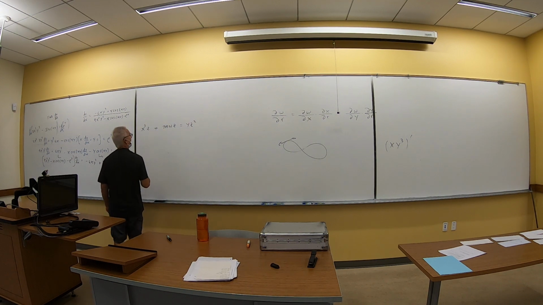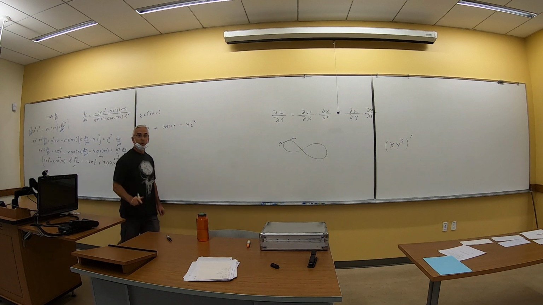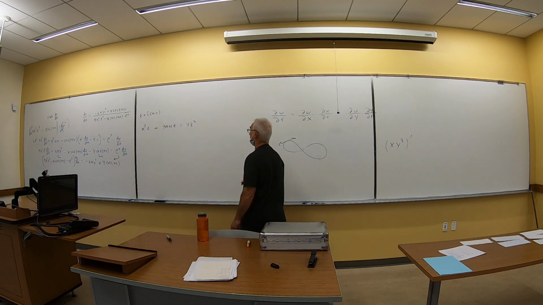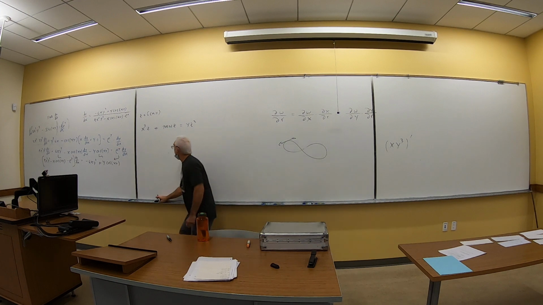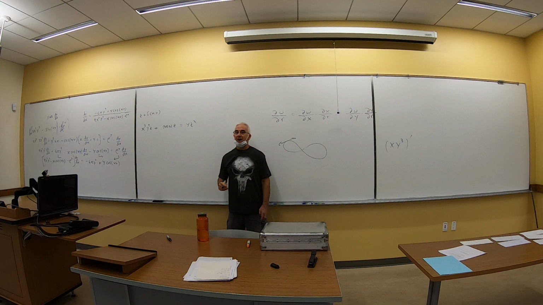Okay, something icky like this. And we're going to assume that z is a function of x and y. Okay? Well, actually, let me throw in one more thing. Sorry. Let me throw in y squared z. There we go. Make it a little more interesting.